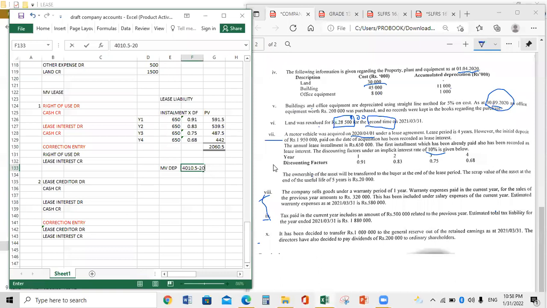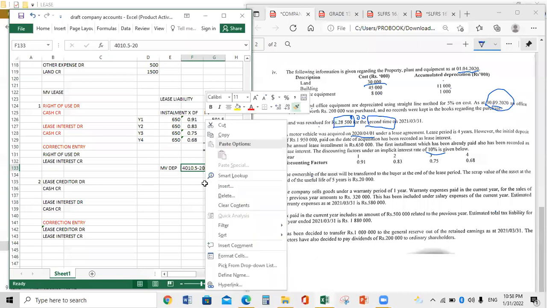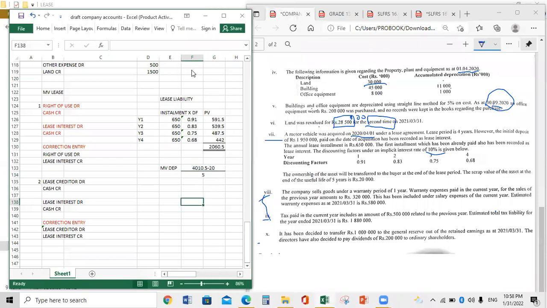How much is the depreciation? We have to find annual depreciation because it's from the starting date. How much? 798,100. Please don't round it.